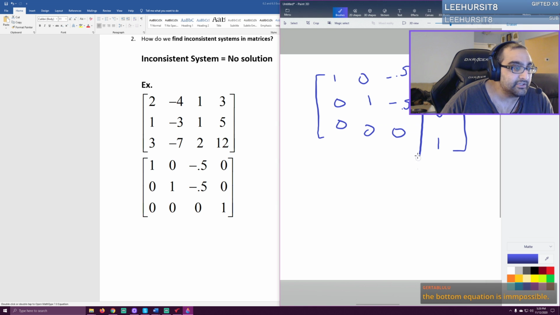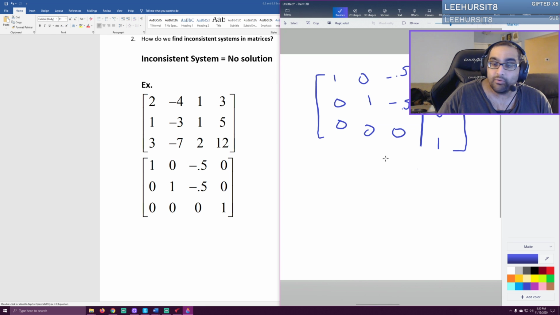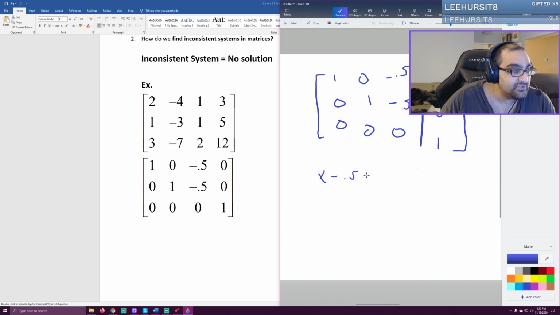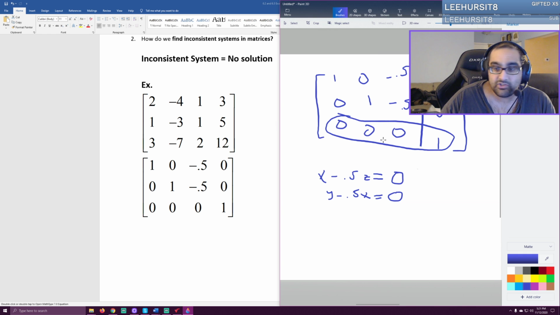Normally we would get X, Y, and Z here. On the top, it says X minus 0.5Z equals 0. The second equation says Y minus 0.5Z is equal to 0. Now the last part here is where we want to look. This last part, as Gerda has correctly pointed out, is an impossible equation. This is normally where we would find our z.